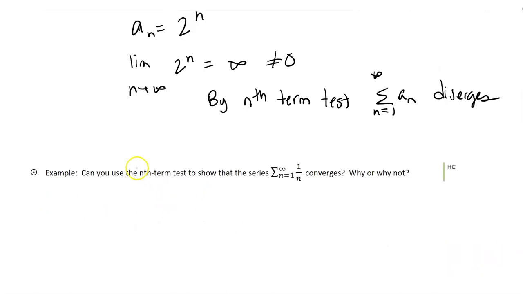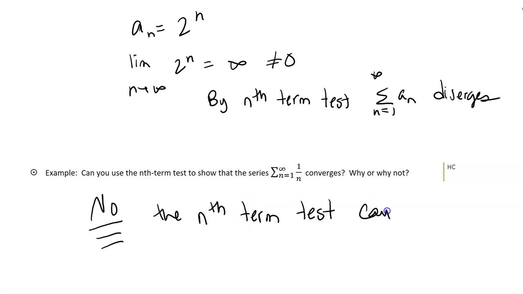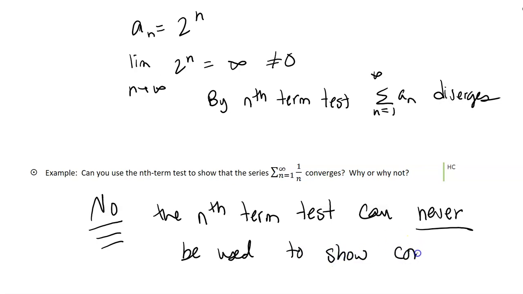This question says, can you use the nth term test to show that the series from 1 to infinity of 1 over n converges? Why or why not? The answer here is no. The nth term test can never be used to show convergence.